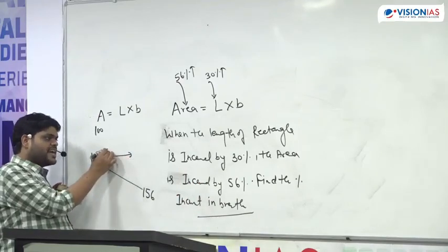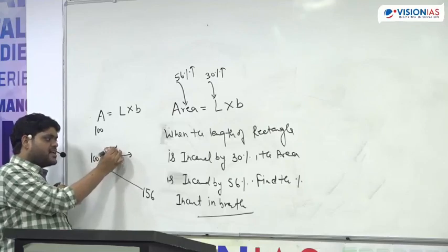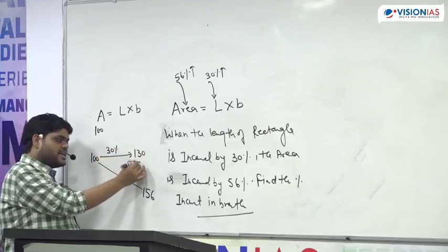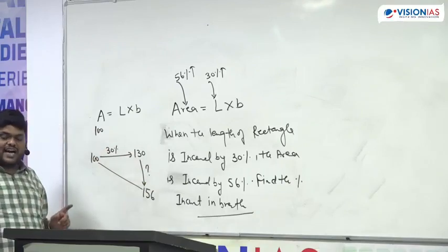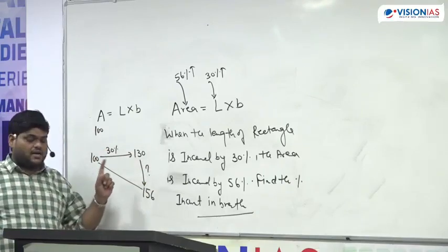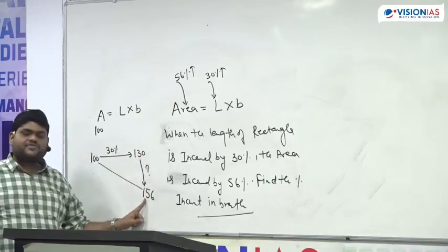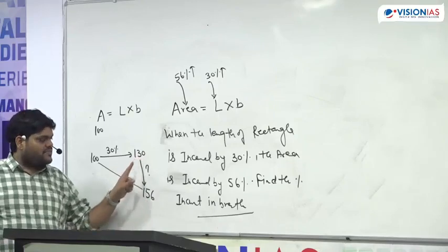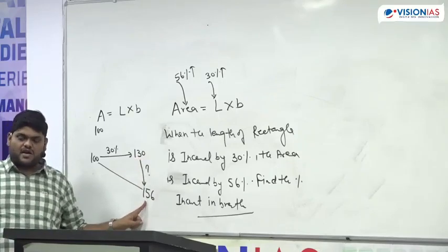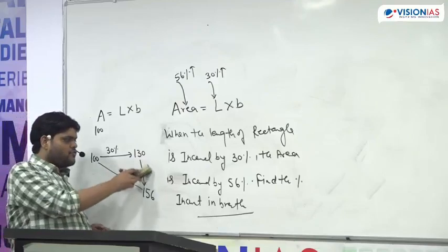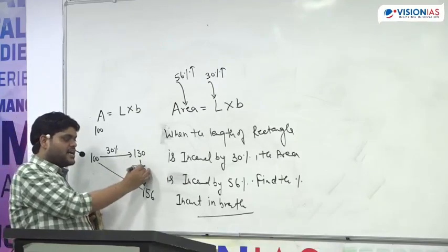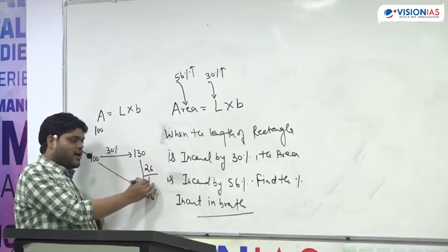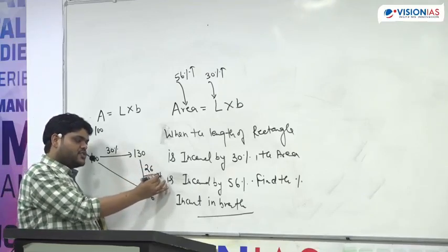The first increment is of 30%, that means this becomes 130. Now we have to find the increment so that 130 becomes 156. What is the increment here? The increase of 26 out of 130, into 100.